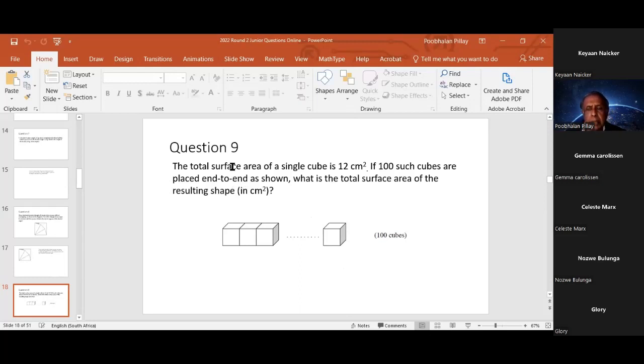All right, the next question, question 9, says that the total surface area of a single cube is 12 centimeters squared.